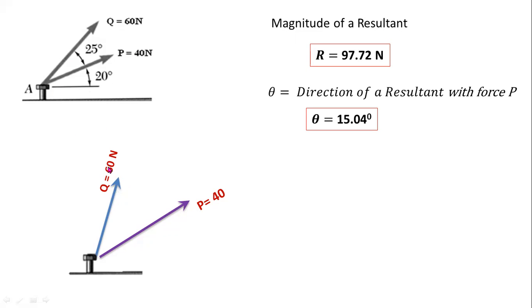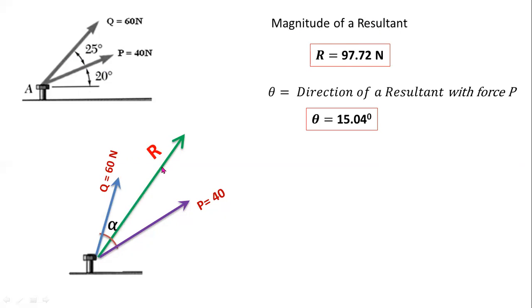Now alpha is the angle between the two forces, alpha equal to 25 degrees. Now the magnitude of the resultant R equal to 97.72 newtons, like this.